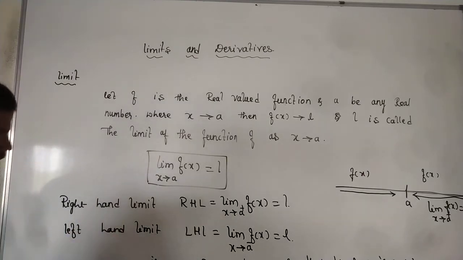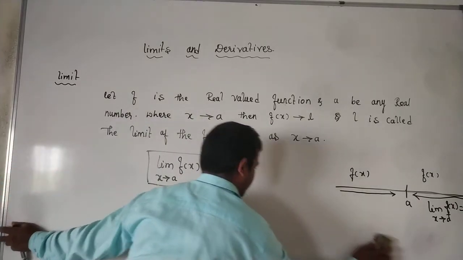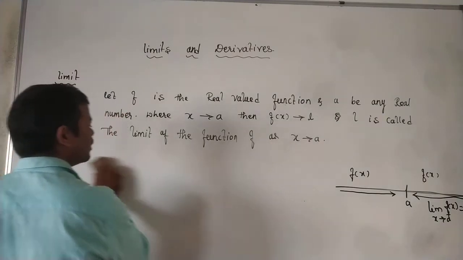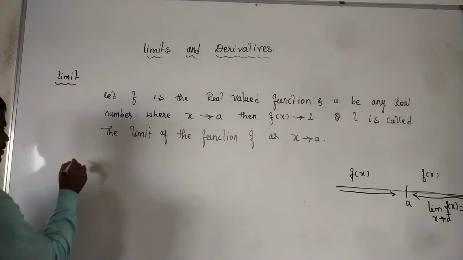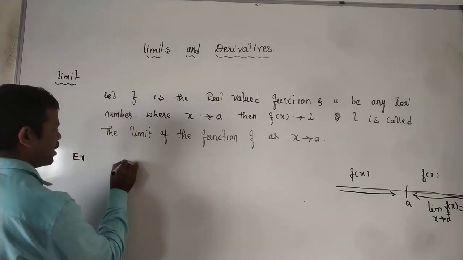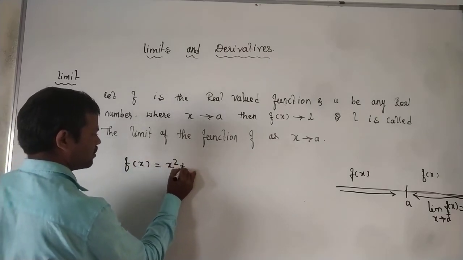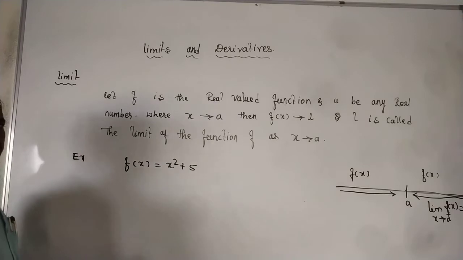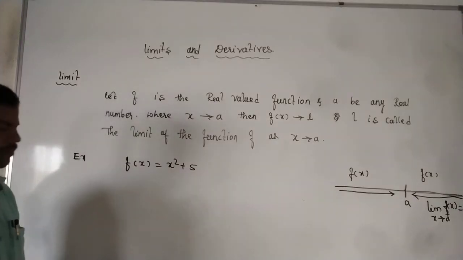Let's take one example to find the limit. We have a function f of x equal to x square plus 5.